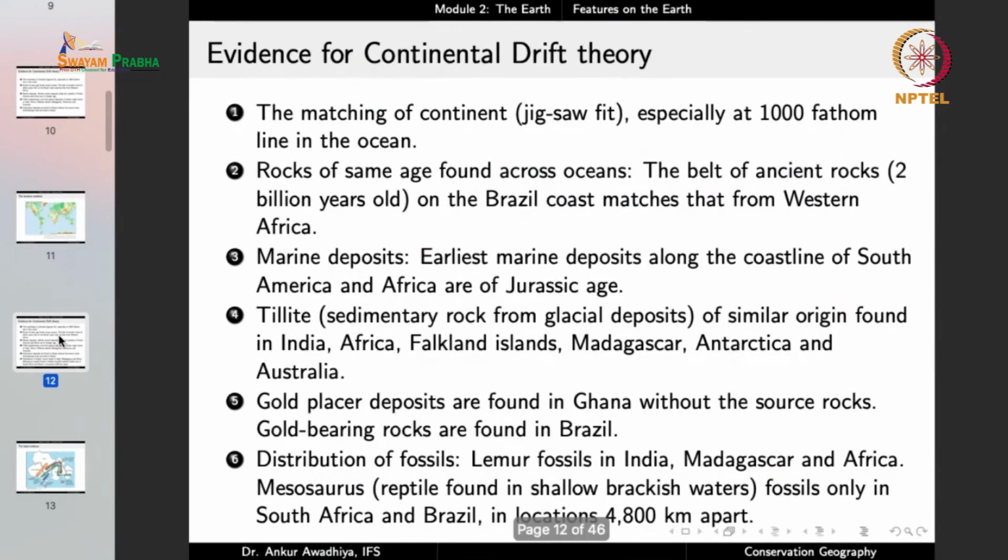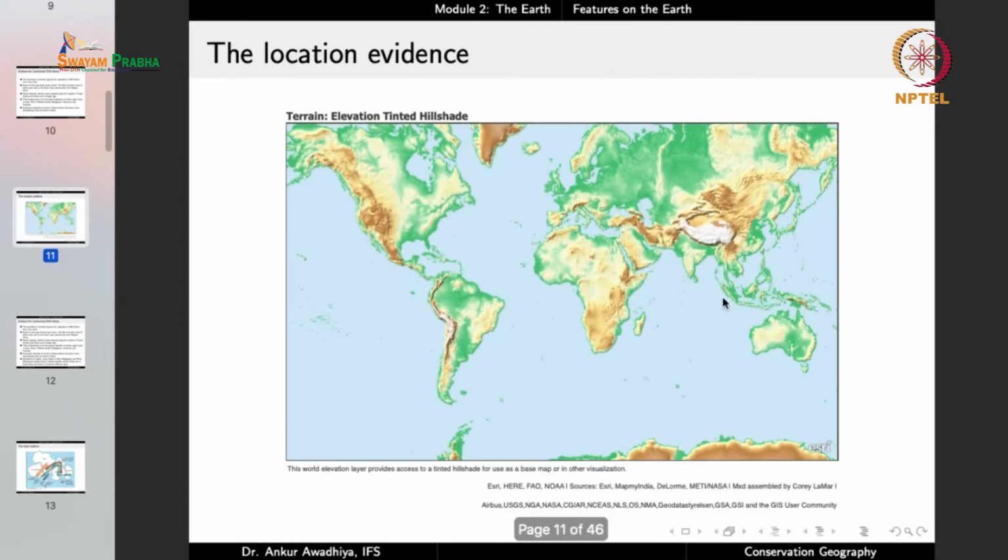Another evidence is in the form of fossil records. So we have the distribution of fossils that shows that lemur fossils are found in India, Madagascar and Africa. Now today India is here, Madagascar is here and Africa is here. And we do not find the fossils here, but we find the fossils of the same species here, here and here.